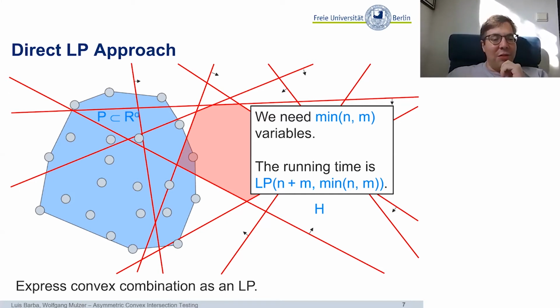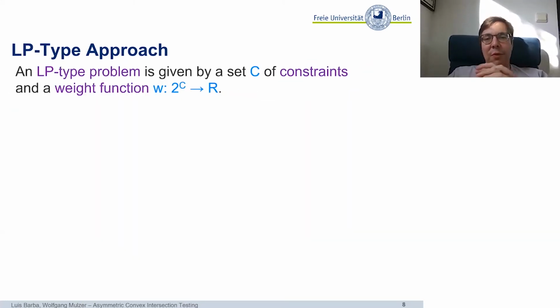And so this is also a bit of an unsatisfactory situation. But there's a third way we can try to approach this problem. This is the LP-type approach, and LP-type is also a concept from computational geometry that is supposed to generalize ideas from low-dimensional linear programming to problems that are quite similar but not quite the same.